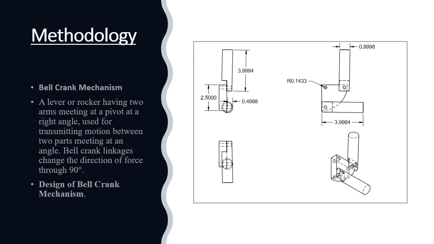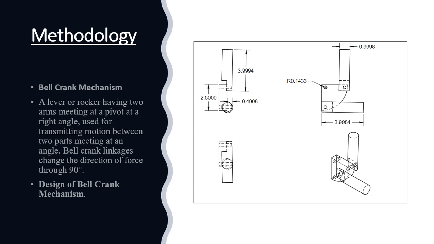part of our research. The bell crank mechanism consists of two levers and a central quarter circle. It basically converts the direction of motion through different angles: through 180 degrees, 90 degrees, and 60 degrees as well. The bell crank mechanism that we have used changes the direction of motion through 90 degrees.